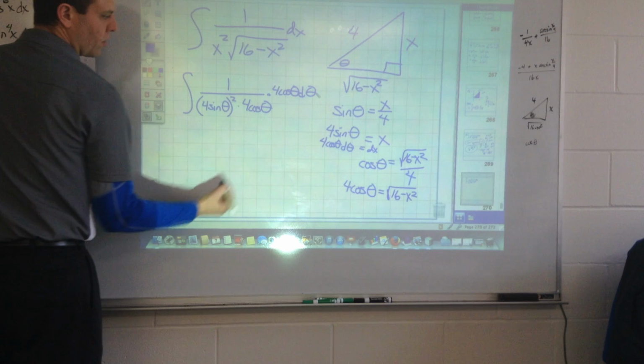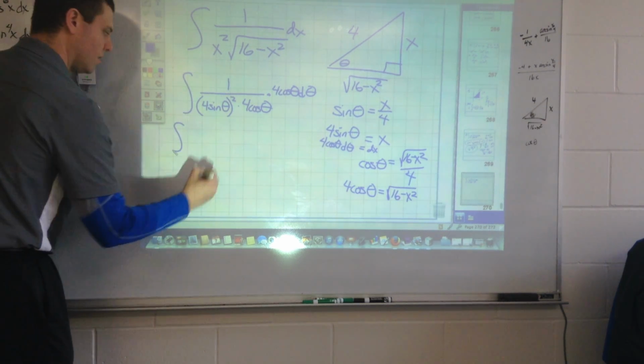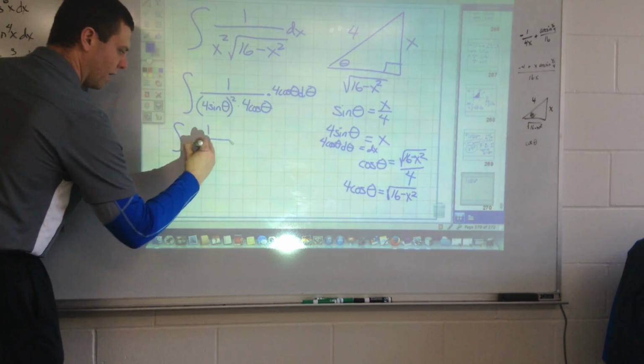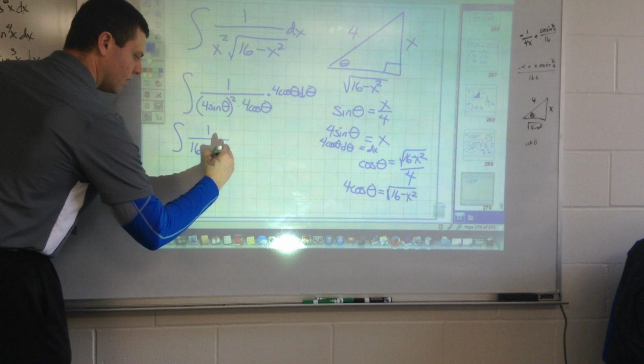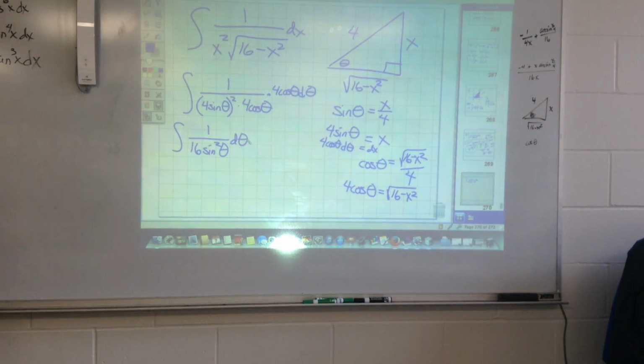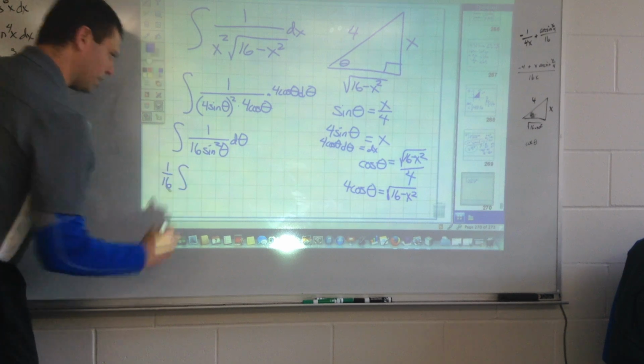So then the 4 cosine thetas cancel out and you really just have 1 over, I'm going to square this now, 16 sine squared theta d theta. I'm going to bring the 1/16 out to the front.